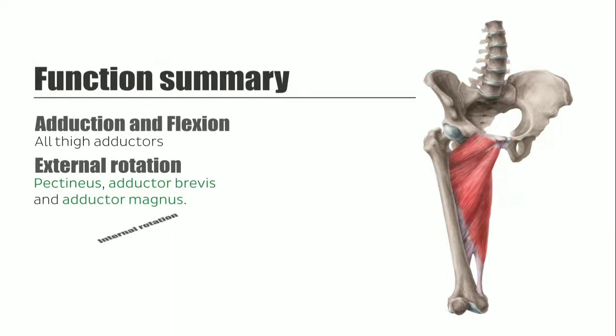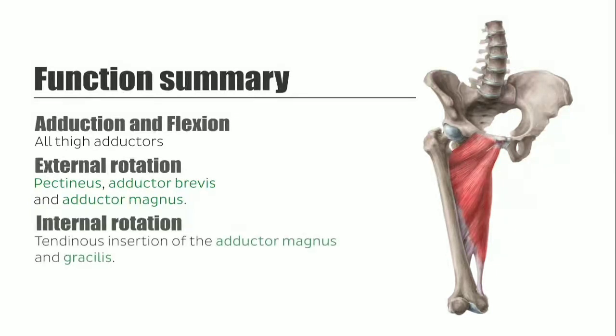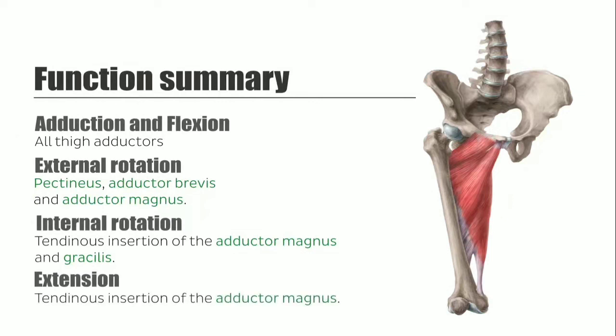We also saw internal rotation: the tendinous insertion of the adductor magnus and the gracilis are responsible for internal rotation of the thigh. Another function we saw on our muscles was extension, seen on the tendinous insertion of the adductor magnus.